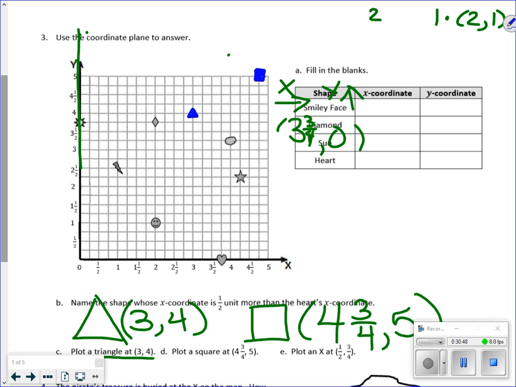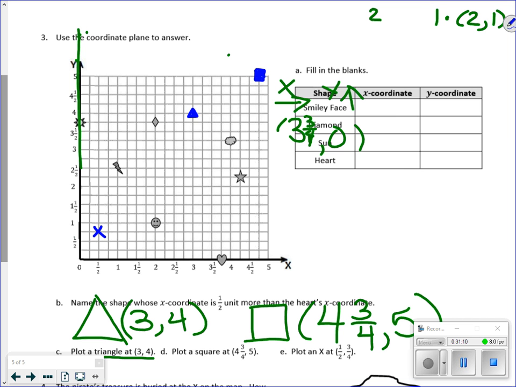And an X. I saw quite a few people doing this one wrong. 1/2, right here. 3/4, right here. Your X should only be right there. I saw people doing X's up at 3 3/4 way up here.